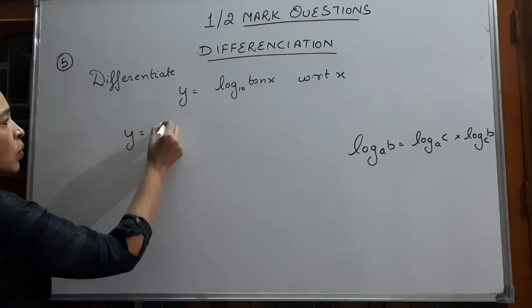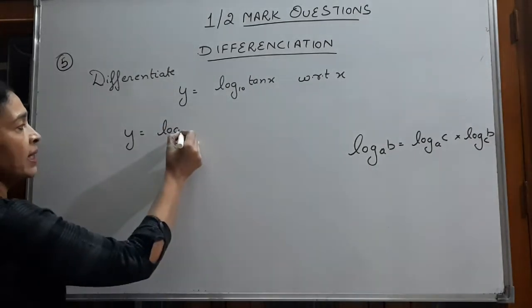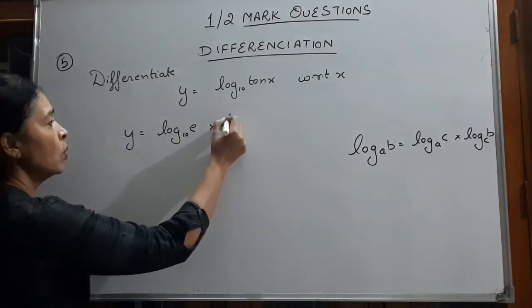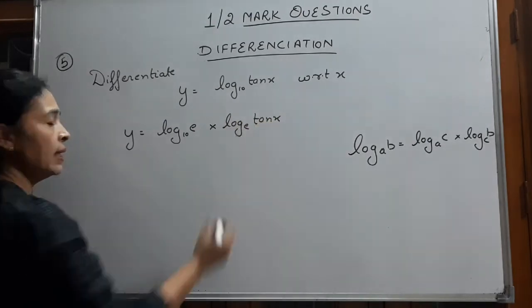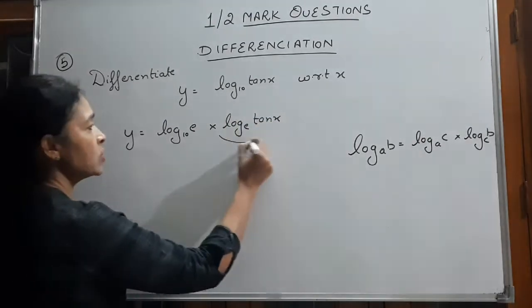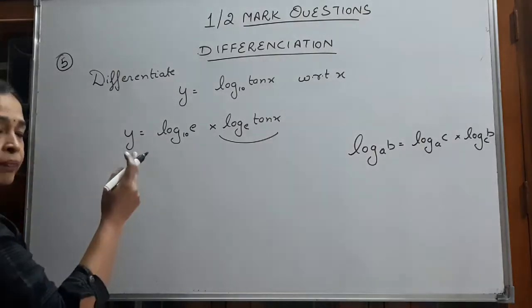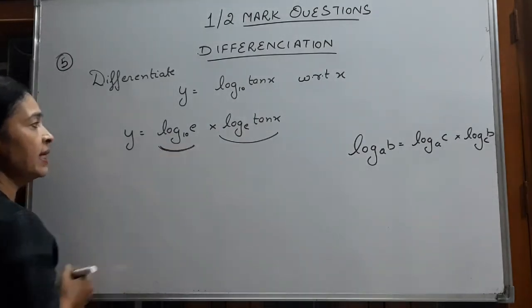So y equals log 10x to the base 10 can be written as log e to the base 10 into log 10x to the base e. Log 10x to the base e is the natural logarithm of 10x. We can write it as log 10x, and this is a constant.